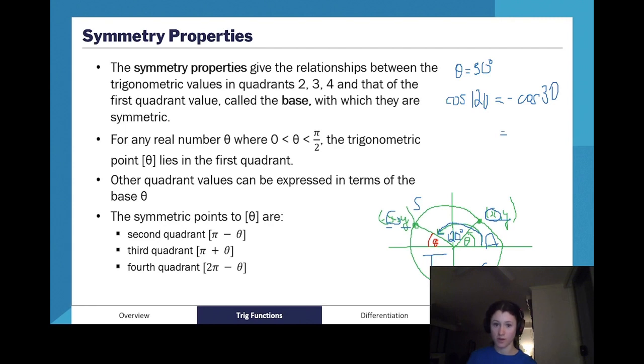What's the cos of 30? Draw your special triangle or open up your table of values. Remember, we're going to have root 3, 1, 2, 30 is up here. The cos is the adjacent over the hypotenuse, which gives us negative root 3 over 2. And that is going to be the x value right there. Alright.